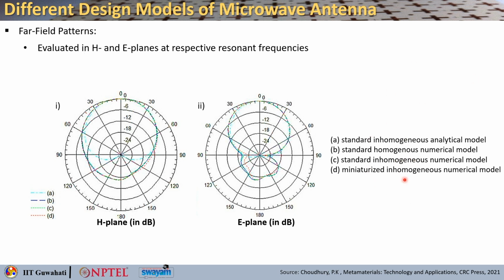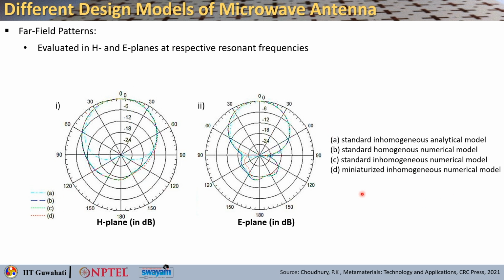Okay. These 4 models are basically shown at their own resonant frequencies, right. So, this figure 1 tells you about the H plane characteristics, and this is the far field pattern in E plane. Okay. So, here different types of lines basically tell you the 4 models.